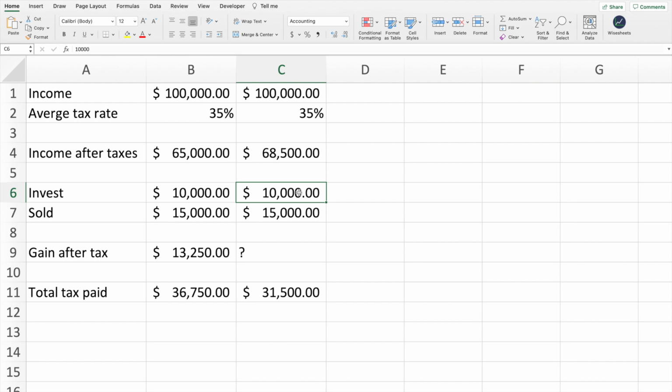The same thing happens here. You invest the 10K, but now this goes straight into your 401k. You still sell for $15,000. And so your gain after tax, this is the real question mark. The reason why is because with the 401k plan, you don't pay taxes right here. You pay taxes once you take out the investment money that you've made. This could be in 5 years, 10 years, there are different time periods.